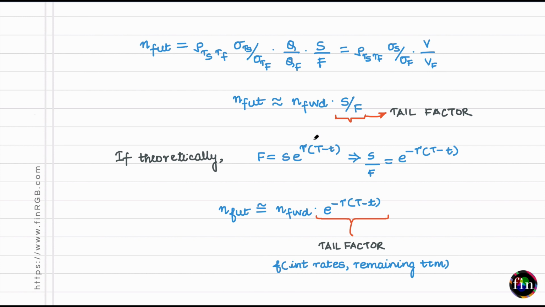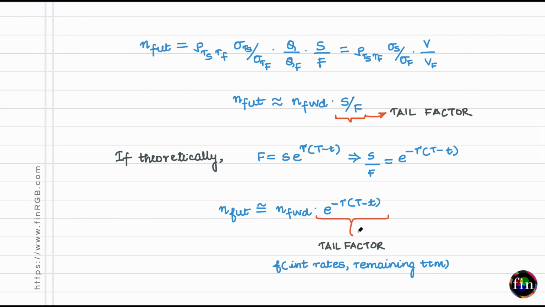So S over F is basically e to the power minus R times the residual time, and if I substitute this back into the formula, it tells me that the number of contracts required with daily settlement is equal to the number of contracts without daily settlement, times a tail factor which I have now expressed more or less like a discount factor, e to the power minus r times t.